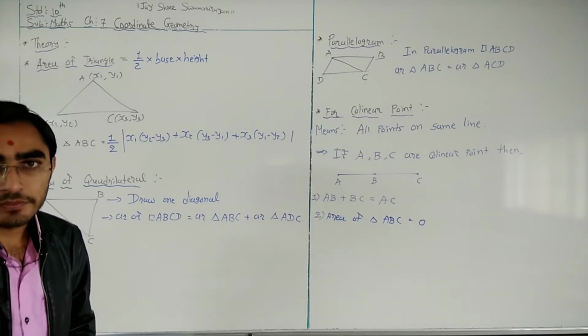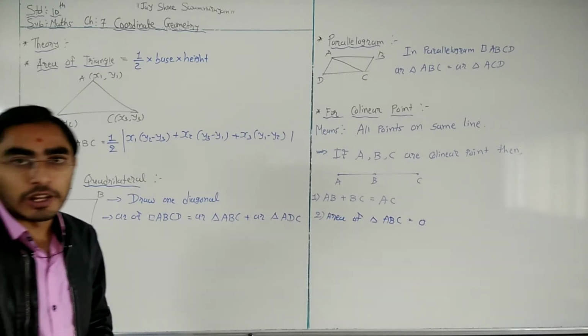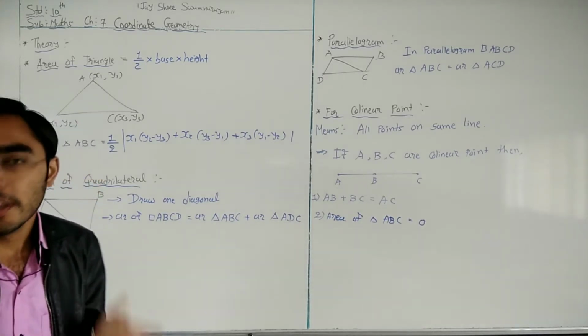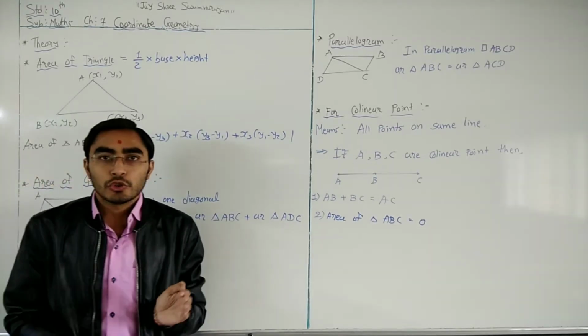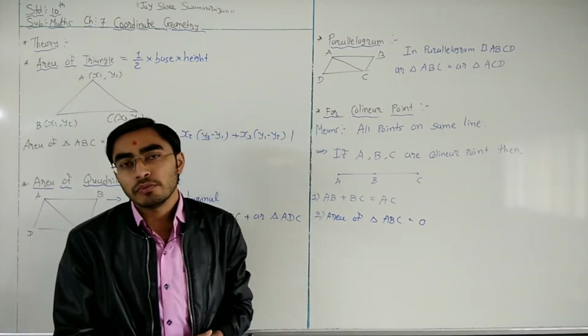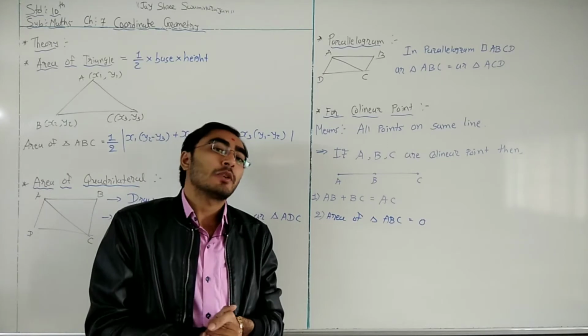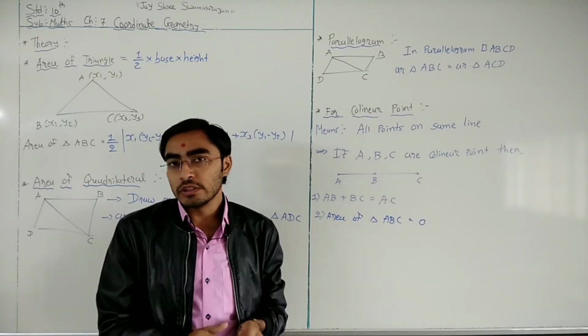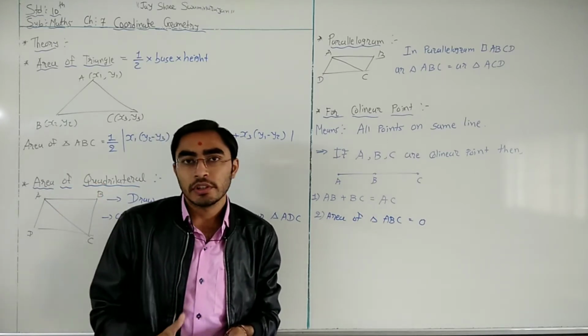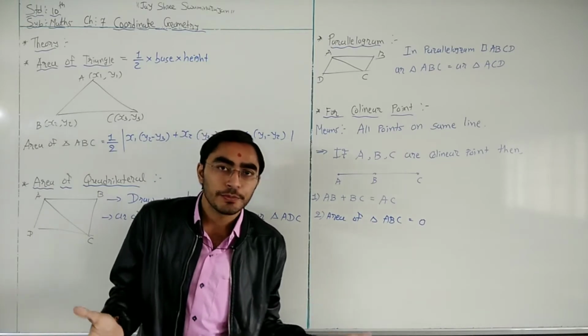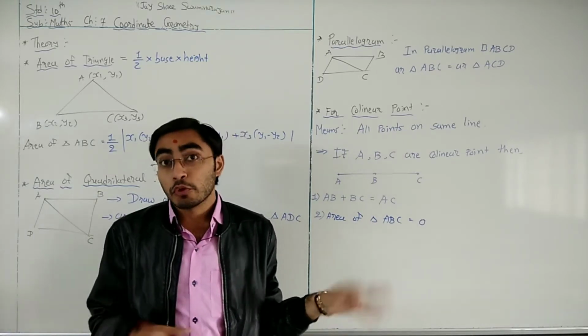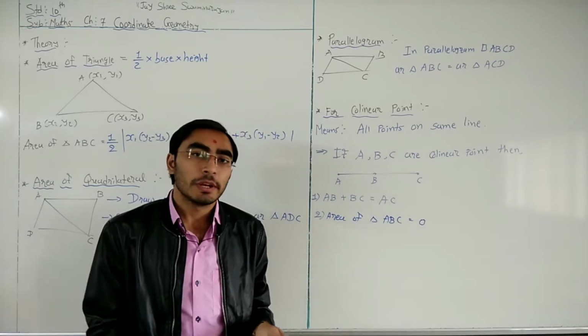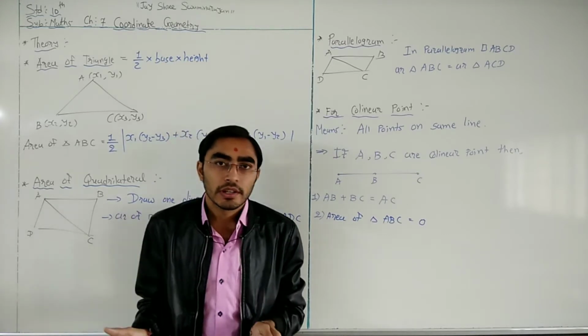And in standard 9, we learned about Heron's formula to find the area of a triangle. So in total, how many formulas do we have for finding the area of a triangle? First one is half into base into height. Height and altitude both are the same, right? Second, for an equilateral triangle, root 3 by 4 side square.